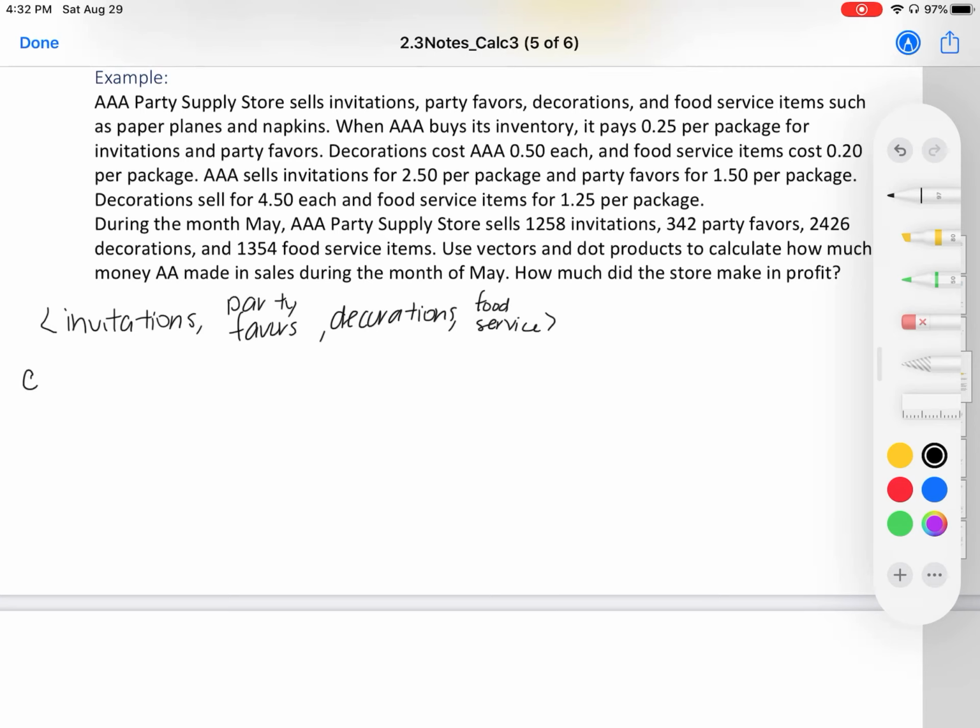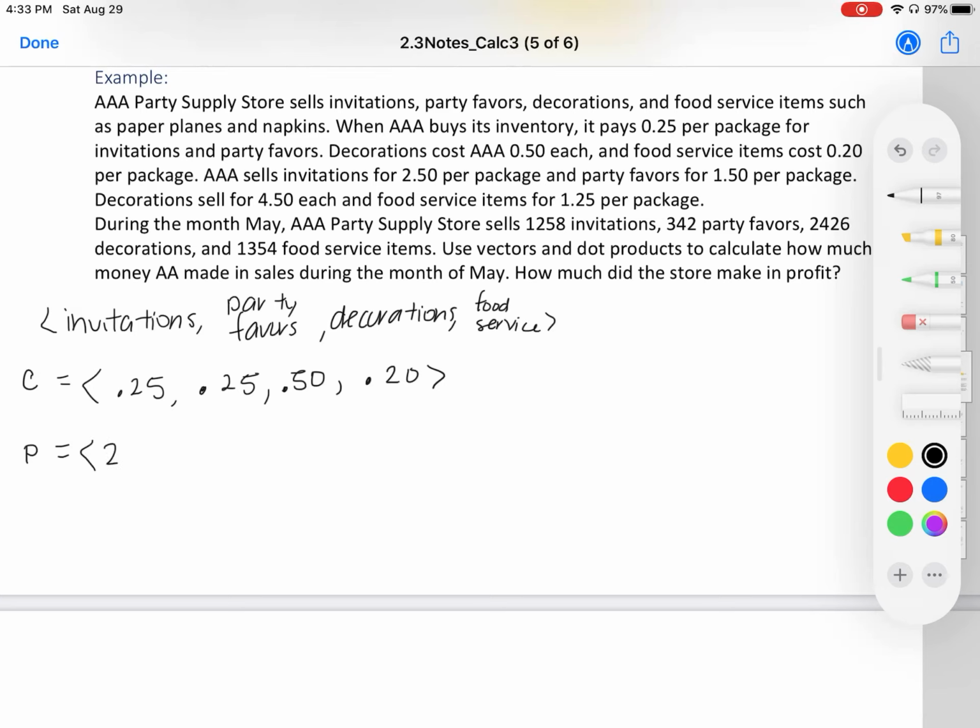So C for cost, the cost of each one: invitations were 25 cents, party favors were 25 cents, decorations were 50 cents, and food service items were 20 cents per package. We also have how much they sold for. Let's make that P, which will eventually develop into a profit.